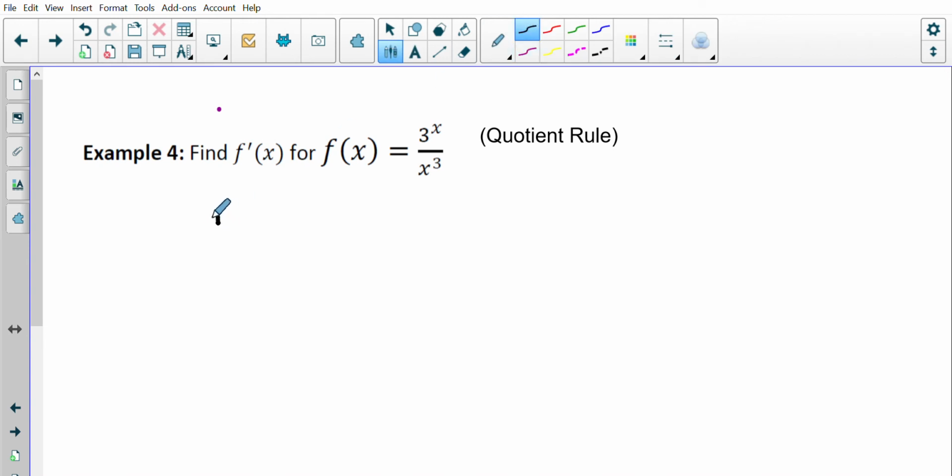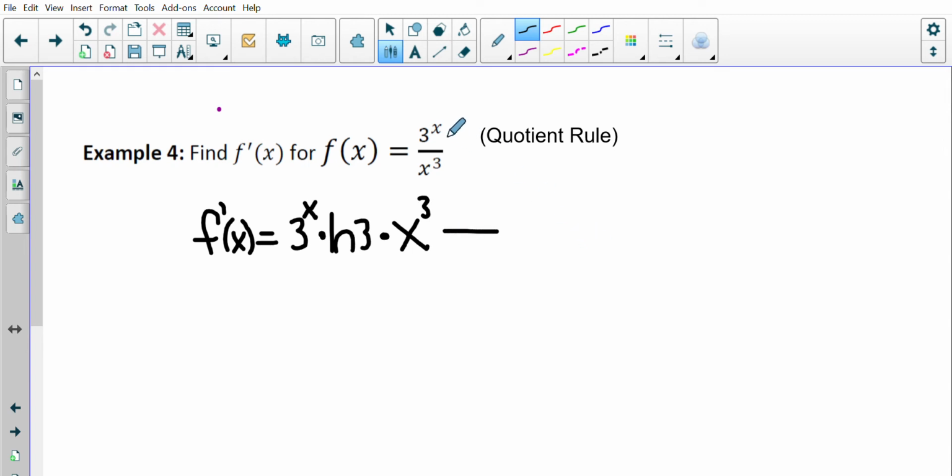And so if I find my f prime of x, again, with the quotient rule, you take the derivative of the numerator. So we're going to have 3^x times ln 3 times our denominator, which is x cubed, minus, all right, then we take the numerator, which is our 3 to the power of x here, and then we times it by the derivative of the denominator, which would be 3x squared.